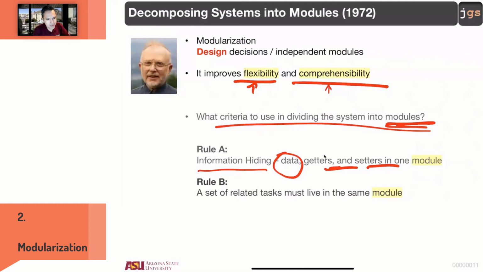Rule B. Rule B is the rule from stepwise refinement. Rule B is what you already know. If you have tasks and those tasks are related, meaning they have to work together to achieve one responsibility, like what you are doing, they should live in the same module.